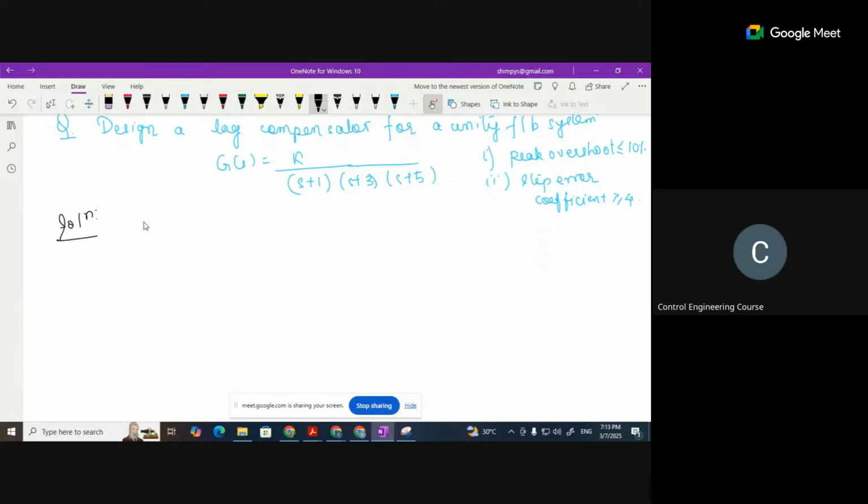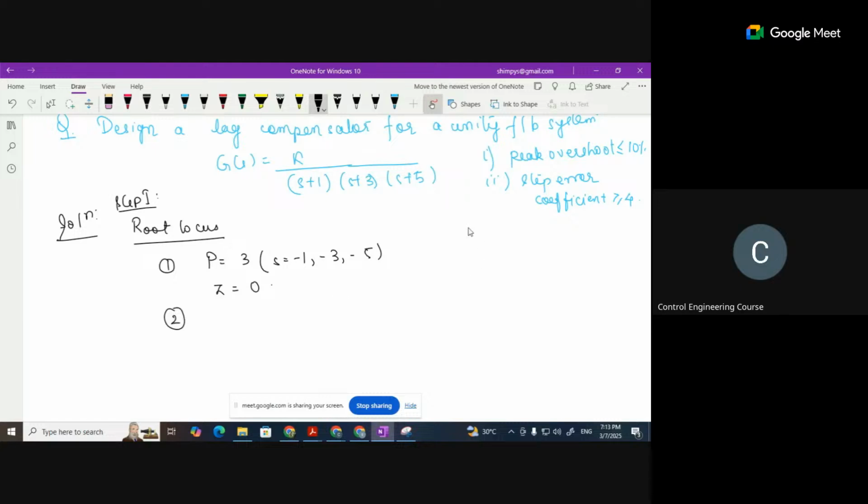Step 1, root locus. The number of poles is 3, that is s equals -1, -3, -5. The number of zeros is 0.